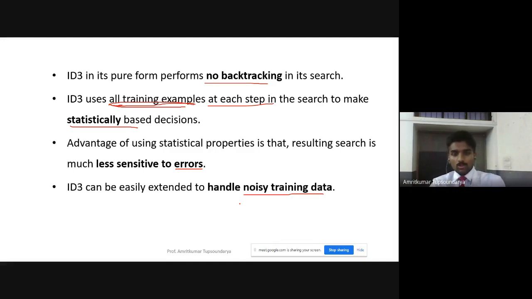It can be extra data, an enormous amount of data, other data which does not help and brings down our efficiency. So ID3 can be extended to handle training data sets which have noisy data in them.